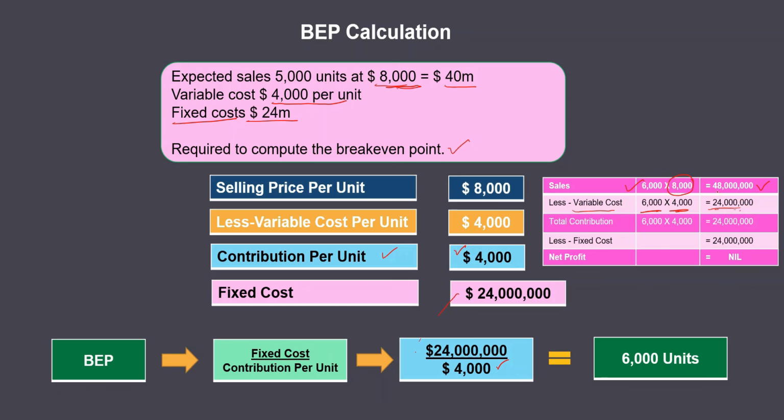When you deduct the variable cost from the sales, the total contribution will be 24 million. How much is your fixed cost? Fixed cost is 24 million. Once you deduct 24 million from the total contribution, your profit will be 0. So no profit. Therefore, the break-even point in units will be 6,000 units.